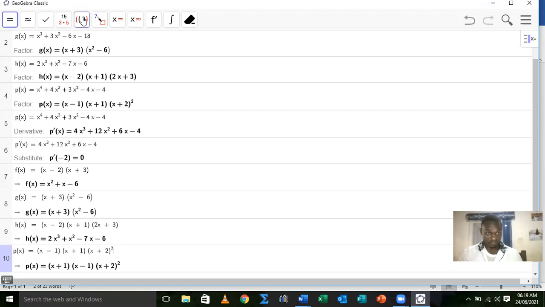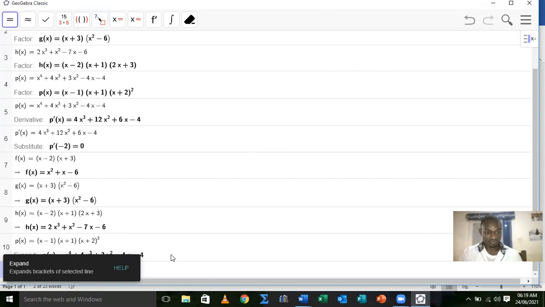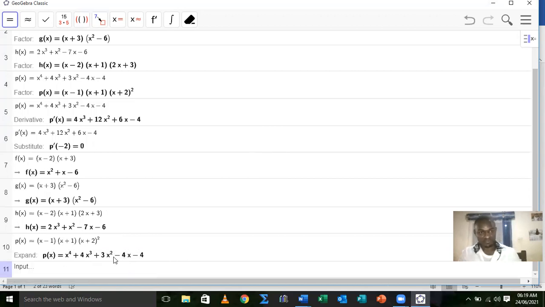This option gives the expanded form. So if I click here, that factorizable form becomes expanded. And that is actually what we obtain.